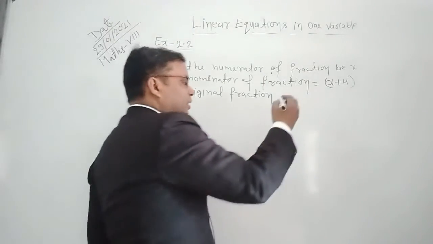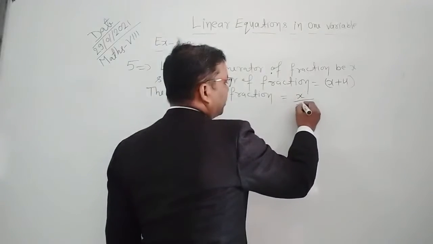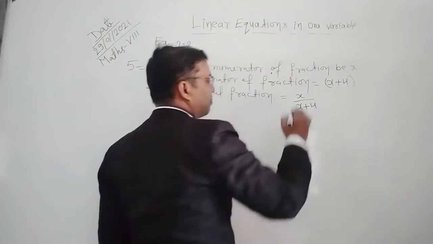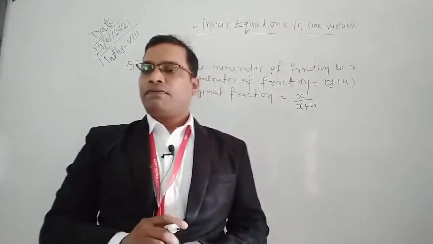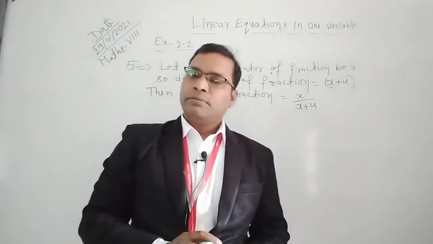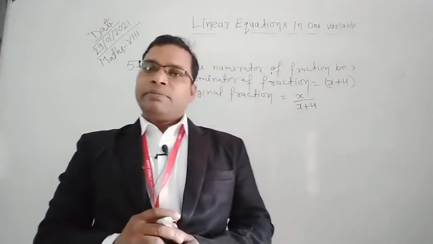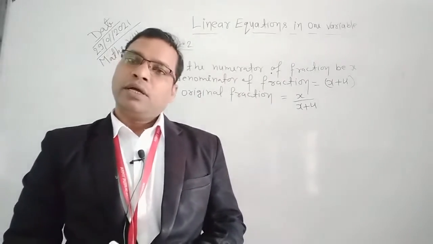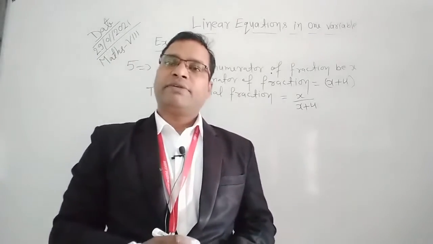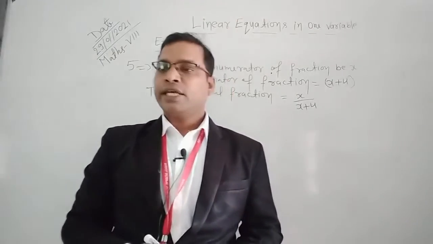So here we get numerator is x, so its denominator is x plus 4, because it is given that the denominator is 4 more than its numerator. So here we let the numerator be x, so its denominator is equal to x plus 4. Now, our original fraction is x by x plus 4.